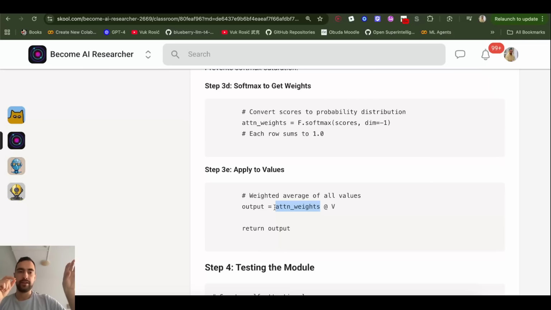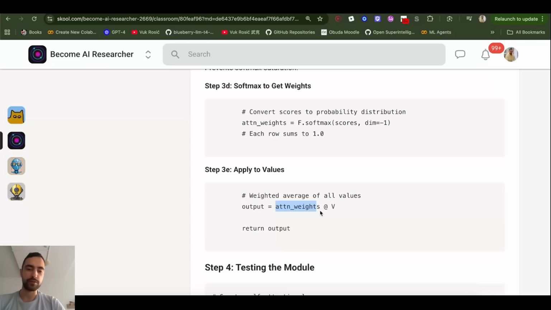But if some value is not so important, it will be multiplied by a smaller attention weight. These squished numbers that are around maybe 0 will get added to this value, so it will not influence it too much. So it didn't take too much context from this token.